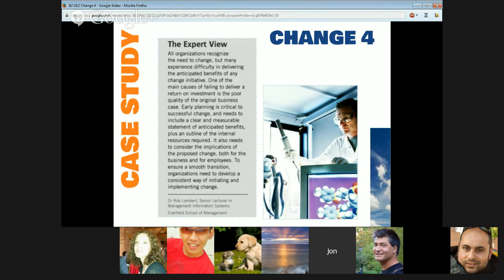It also needs to consider the implication of the proposed change, both for the business and for employees. The organizations need to develop a consistent way of initiating and implementing change.